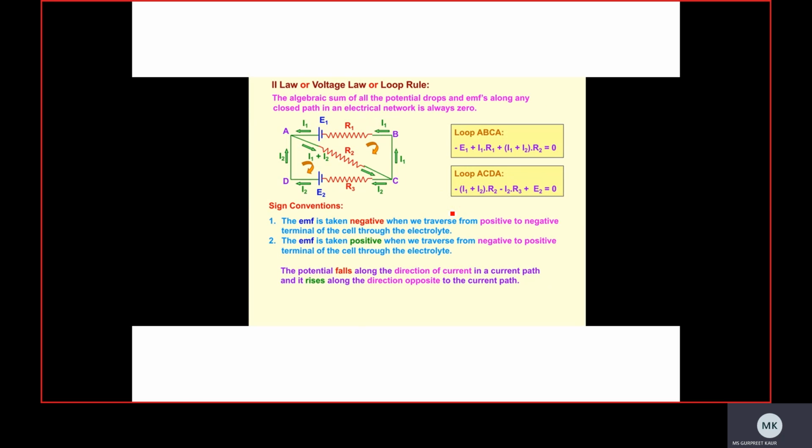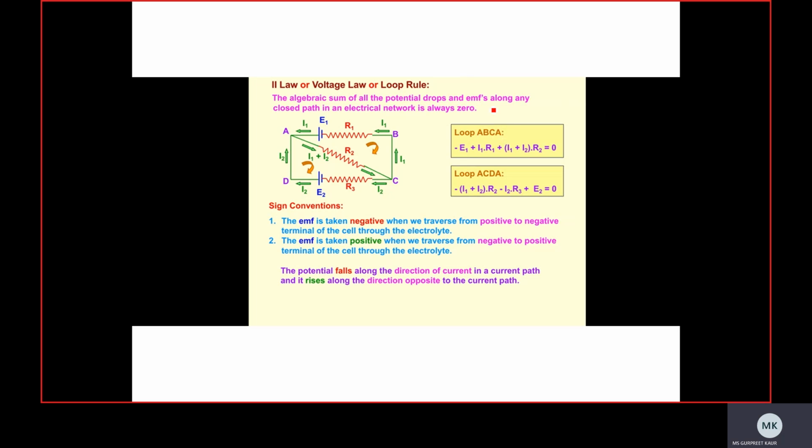Then the second Kirchhoff's law is the voltage law. It is also known as the loop rule. As per Kirchhoff's second law, the statement is: the algebraic sum of all the potential drops and EMFs along any closed path in an electrical network is always zero.